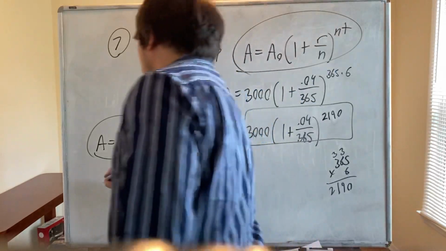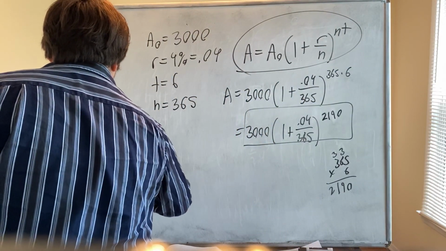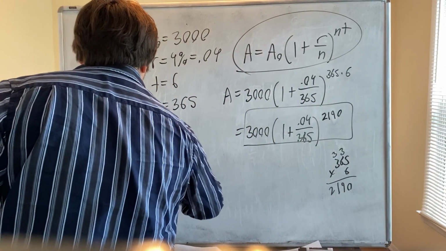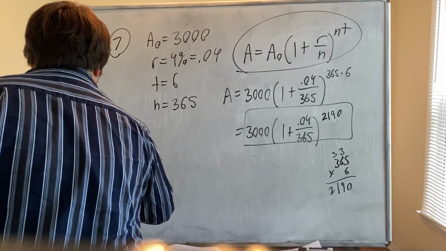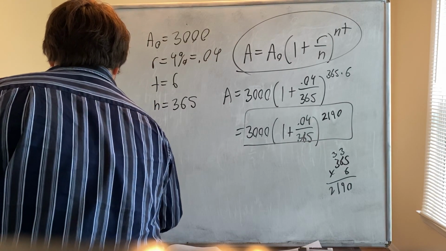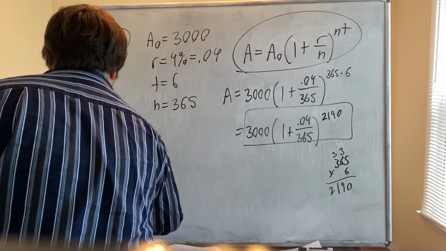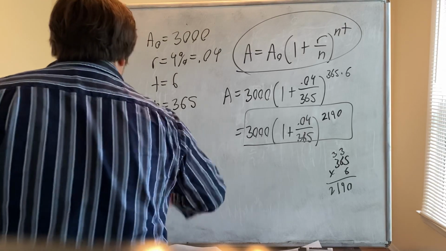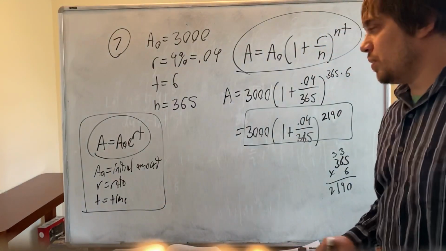So A naught is still the initial amount, R is the rate, and T is the time in years, right? This is for if interest is compounded continuously.